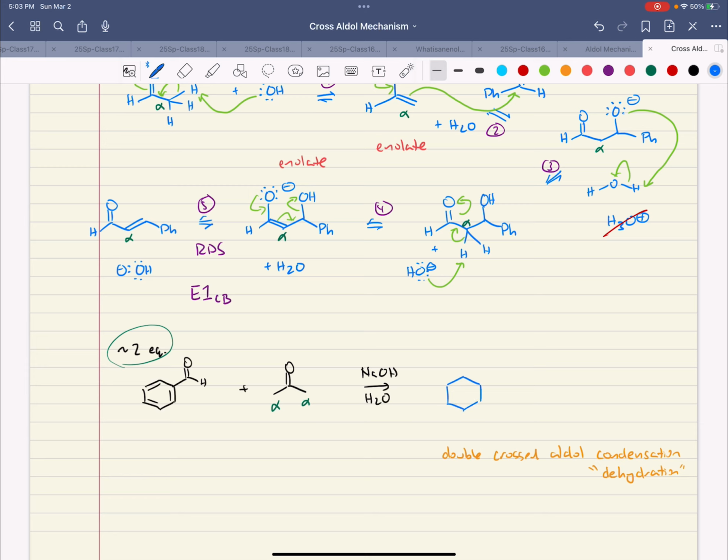You will be responsible for the mechanism. Do you have to draw the mechanism for both sides? If you could get up to here, I think I'm fine, okay? Like with the mechanism. But you see the alpha on the right? I could do the same thing on the right, and I could get this condensation as well.